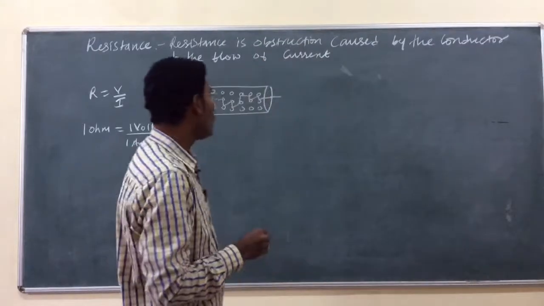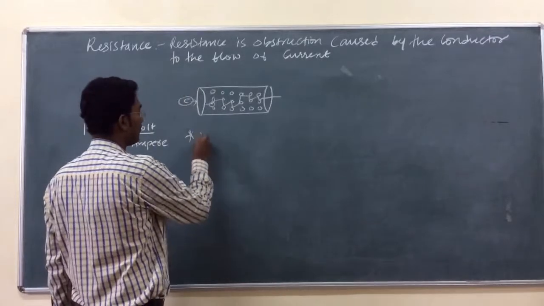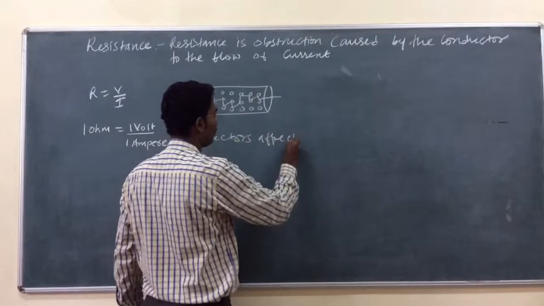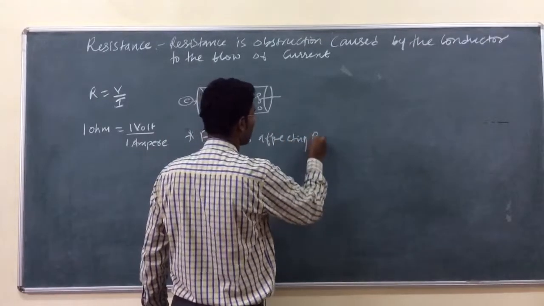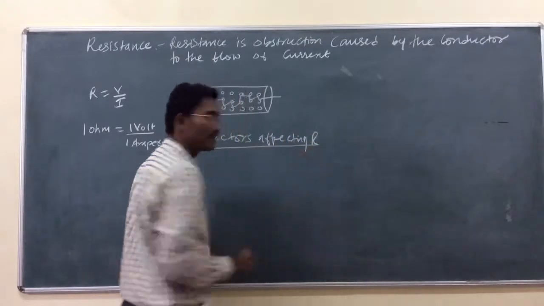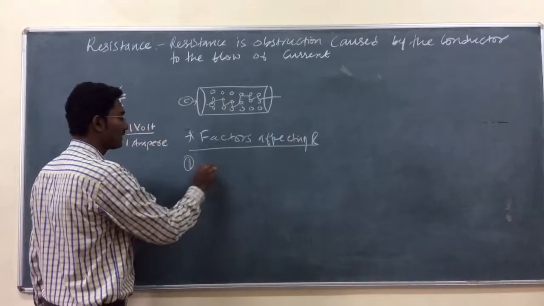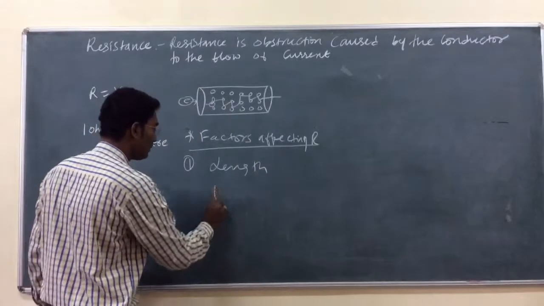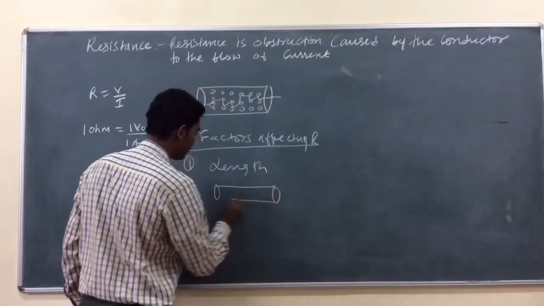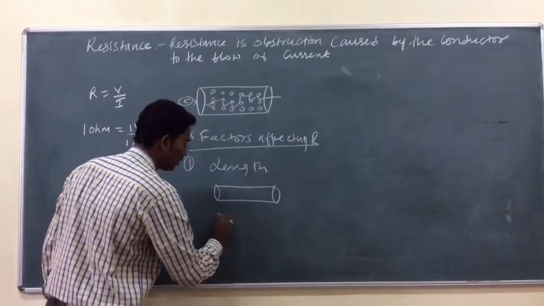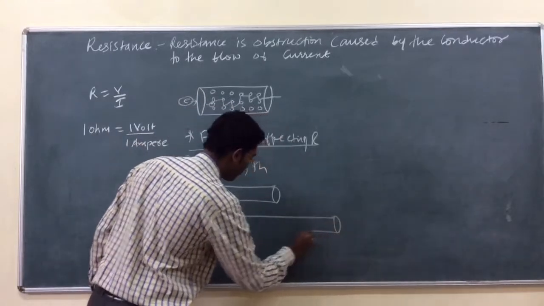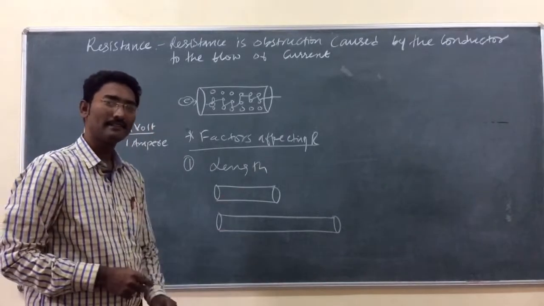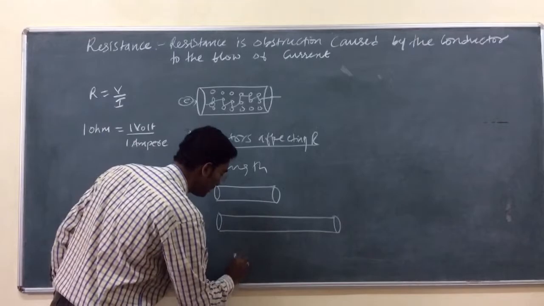Now let us see what are the factors affecting resistance. First factor is length. Consider two conductors of the same material and same area of cross section.